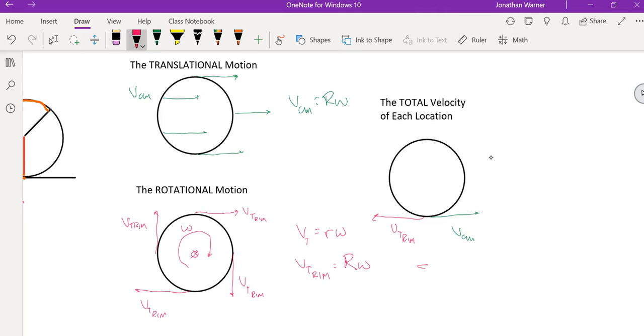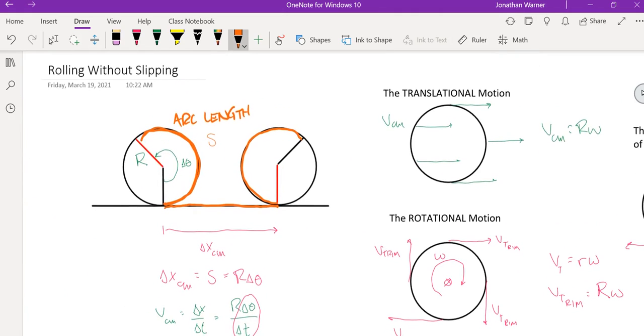And that means that the net velocity, we'll do this in a different color, the net velocity of the point of contact, this location where it's in contact with the ground, is 0. And that means that the bottom is not moving relative to the floor, and that means the object doesn't slip.